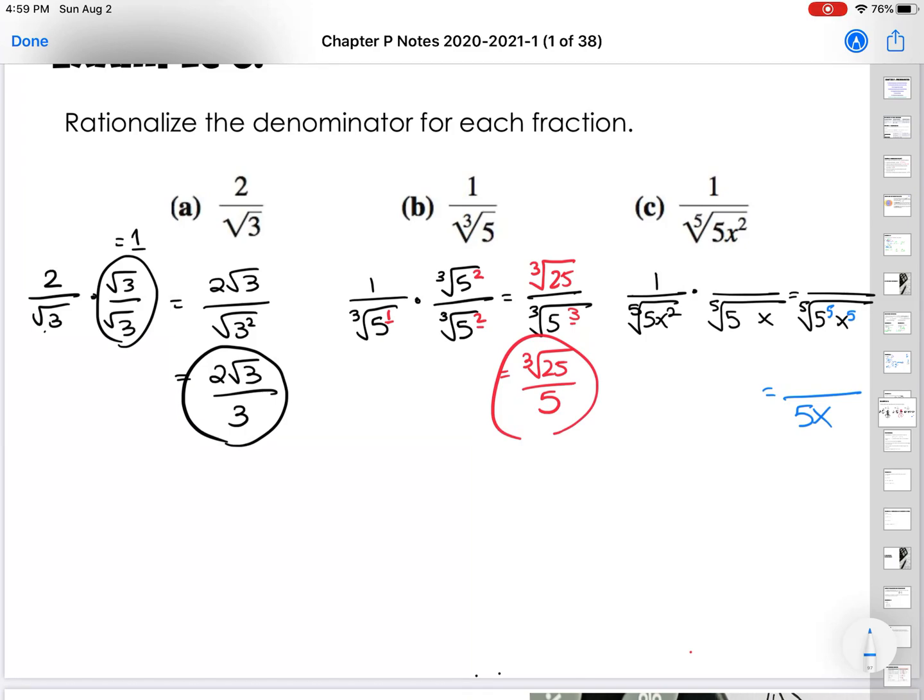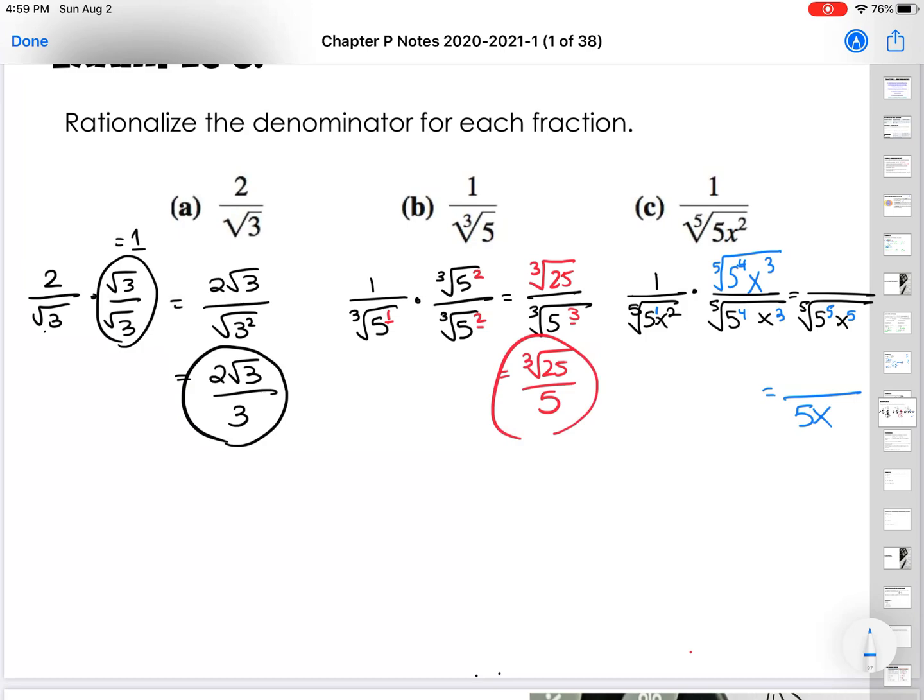So what would I need to use for the exponent for the 5? Well, I already had a 5 to the 1st, so I need 4 more of them to make that a 5th power. I already had x squared, so I need 3 more to make that a 5th power. So really what I'm doing is multiplying by the 5th root of 5 to the 4th, x to the 3rd.